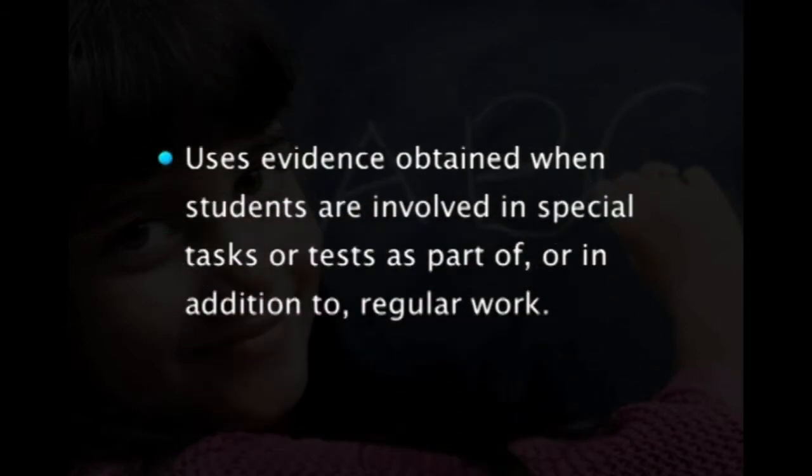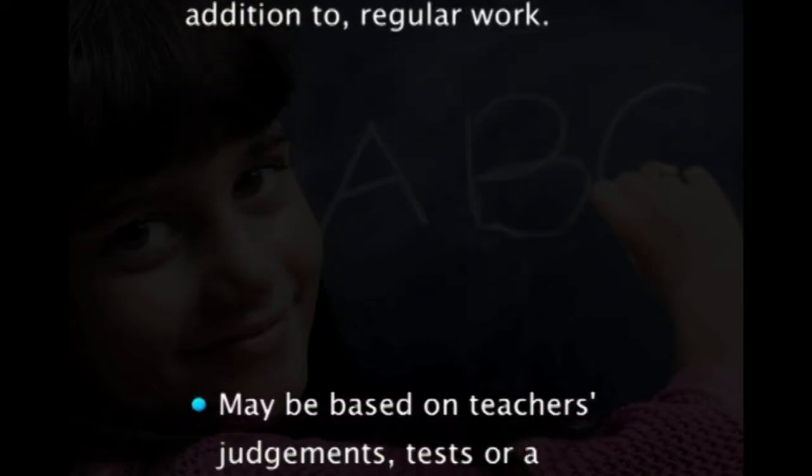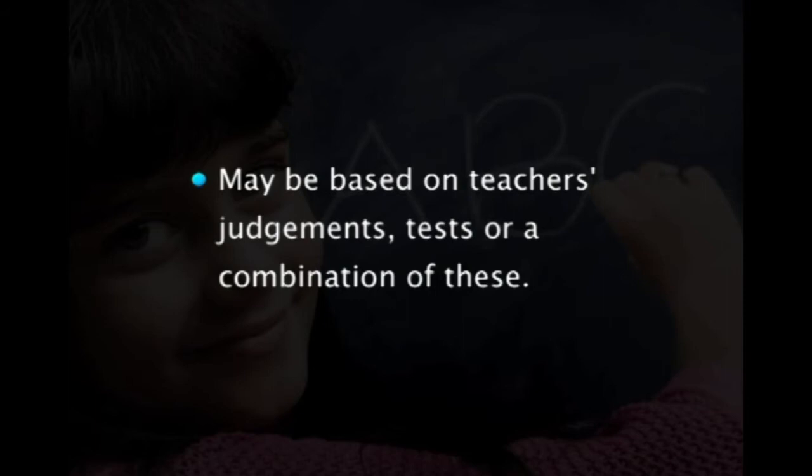Number 3, uses evidence obtained when students are involved in special tasks or tests as part of or in addition to regular work. Number 4, may be based on teachers' judgments, tests, or a combination of these.